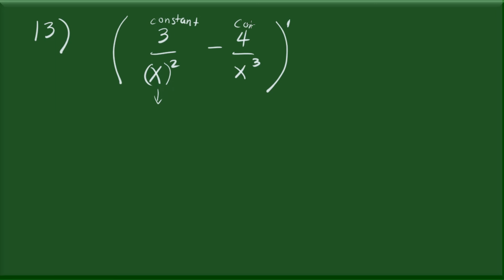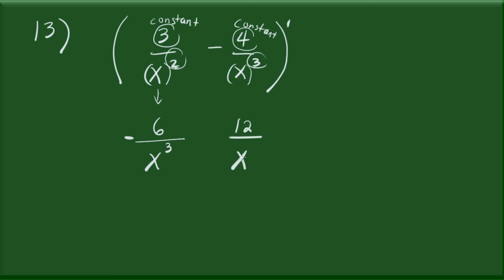See, numerator is constant, and then you have your variable x in the denominator. So you can use the shortcut, which is multiply the 3 and 2 over x raised to add 1 to 2, so that's 3, and then don't forget to switch the sign. Okay, same here. 4 times 3 is 12 over x raised to what? 4. Switch the sign. One step.